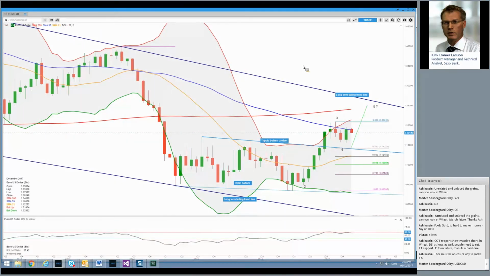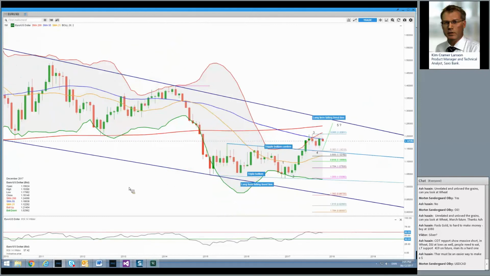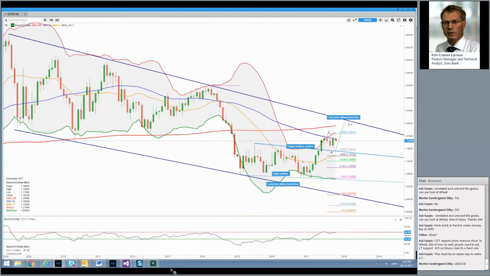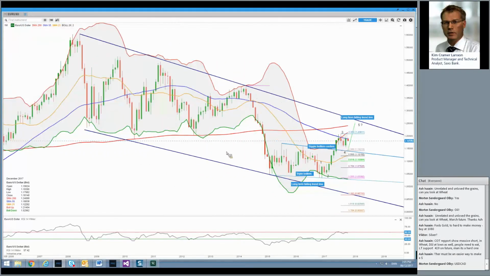If you have been following my webinars and some of my articles on tradingfloor.com, you can see I've been writing a lot about euro dollar, of course. Just to recap, zooming out, it seems like euro dollar has been trading in this very wide falling trend channel.